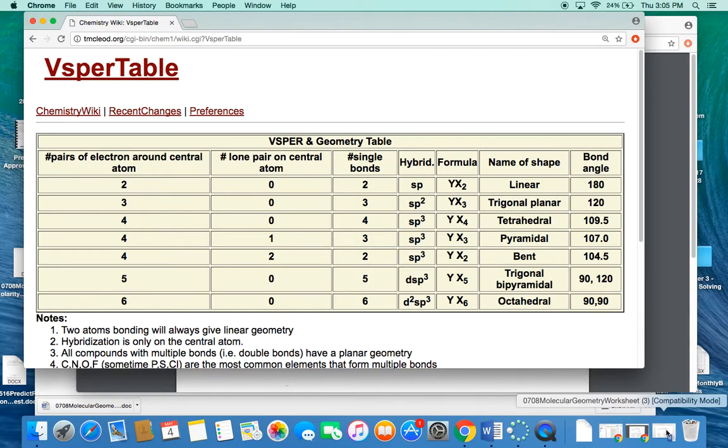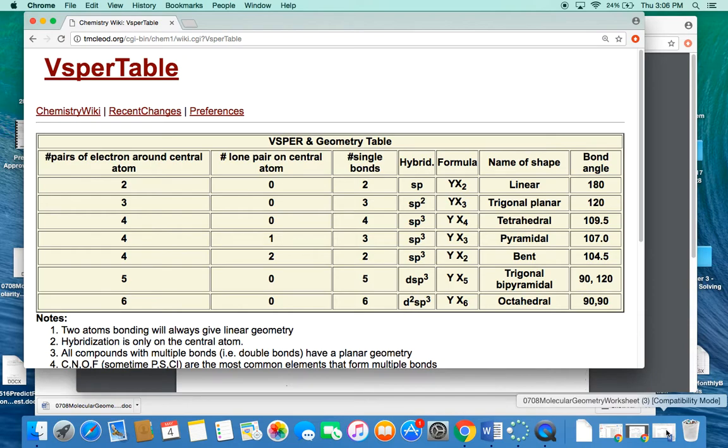What it means is, and again, the next thing we're going to do is simplify things, even though the outside atoms make a difference, we're just going to look at the central atom. And what the first column is saying is, how does the central atom deal with the rule of 8?